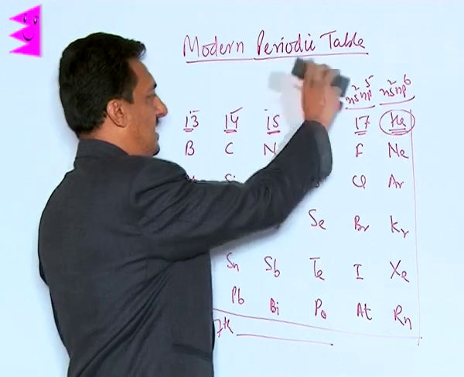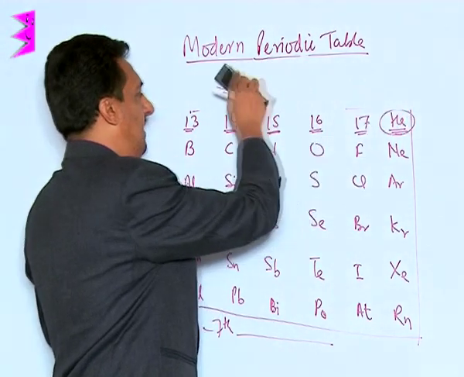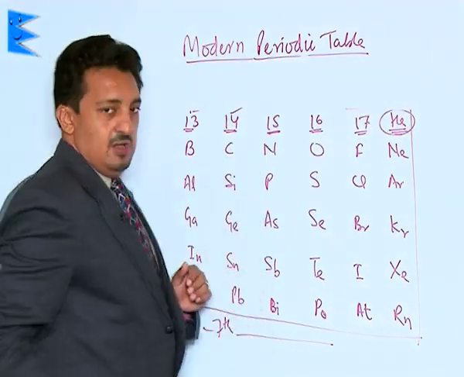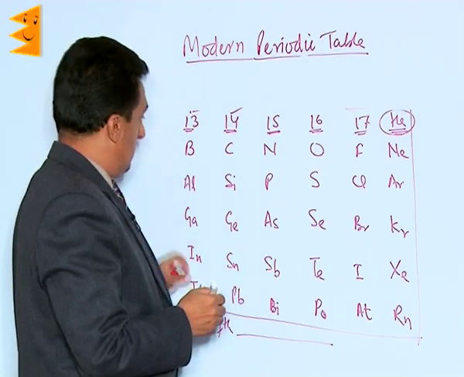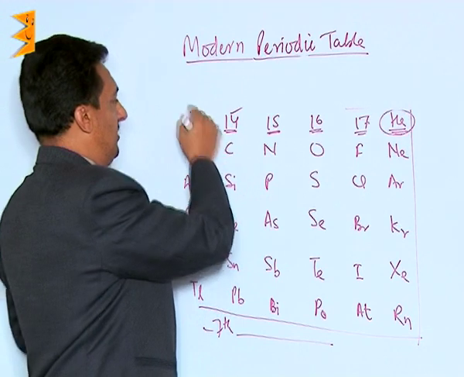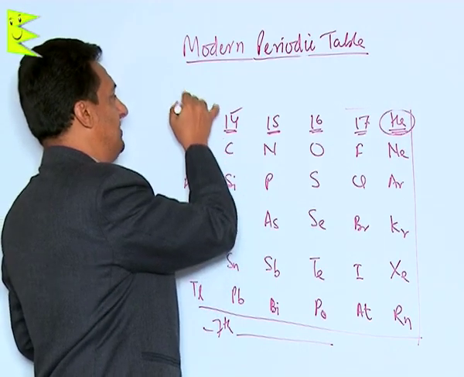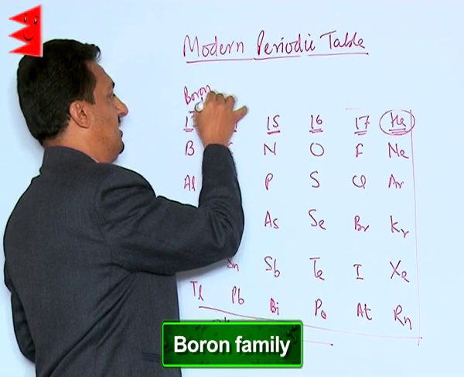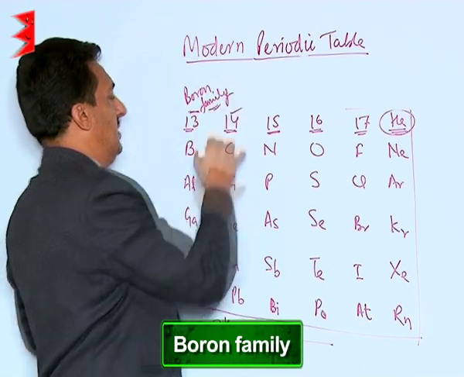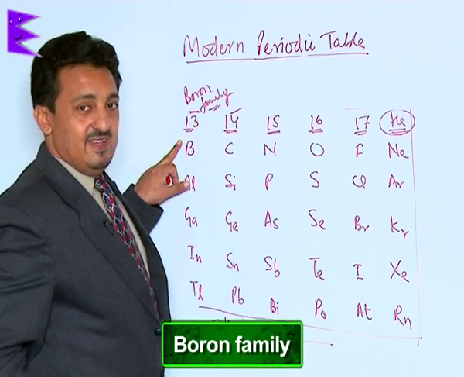We can do one more thing. We generally name these groups on the basis of the first element of each group. So group 13 elements are also called the boron family, because boron is their representative.